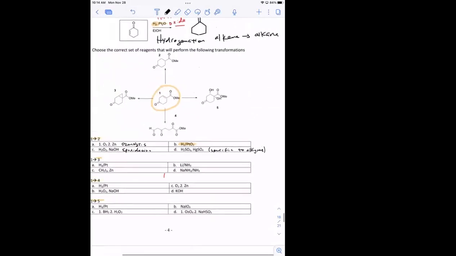What about 1 to 3? You may not remember that one, but what happened in that reaction to the double bond?